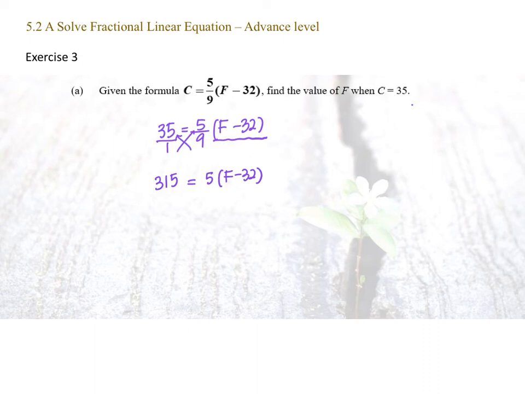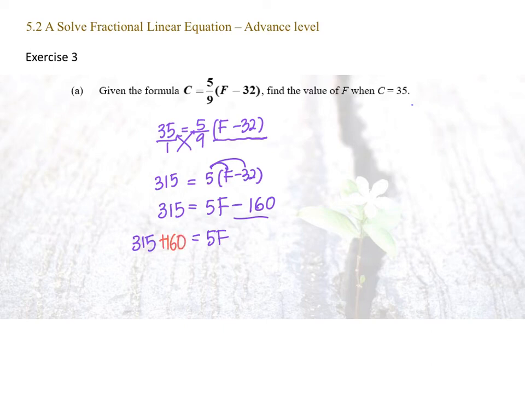So now we have brackets. We're going to expand our brackets. And we'll get 5f minus 32 times 5, 160. And this one over here will be 315. Now I want to keep 5f to be positive. I have 315, the original one over here. Now this one is negative 160. Come over, you become positive 160.